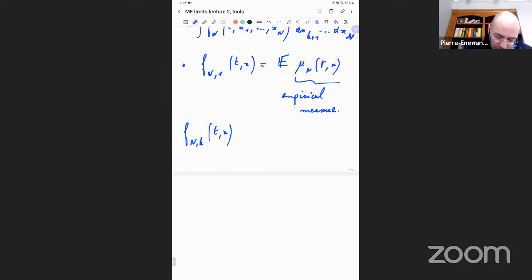So I can write something like this: Fnk(x1,...,xk) is the expected value of the tensorization of the empirical measure plus a correction that unfortunately could be large if you take k large, so it's a correction of order k squared over n.